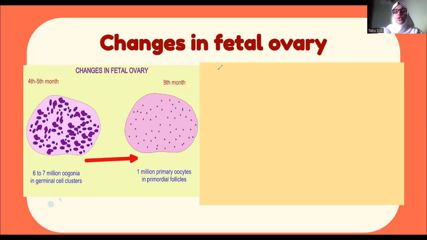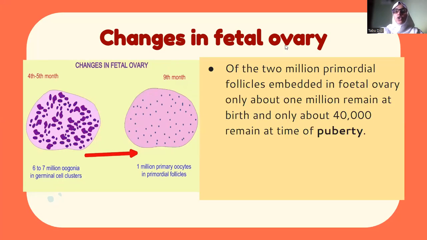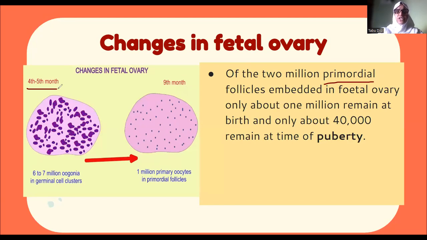Okay, so this is a major change in the fetal ovary. Of these many millions of very primitive primordial follicles which formed in the early stages, the first trimester, only 1 million will remain at the time of birth.